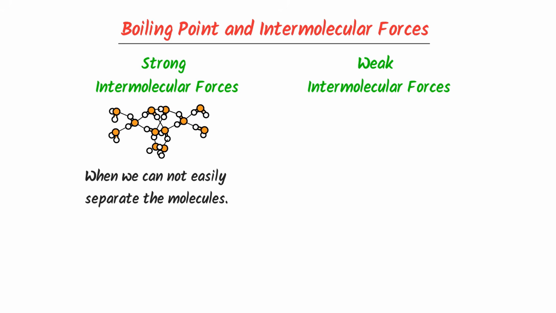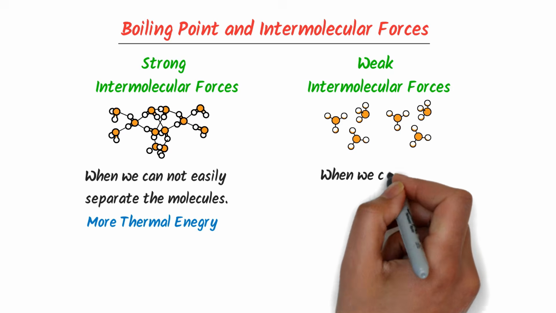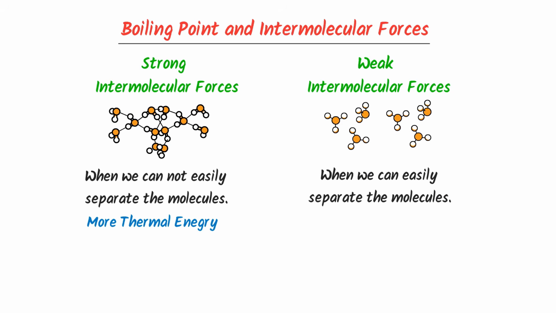In case of strong intermolecular force, we need more thermal energy to separate the molecules. On the other hand, when we can easily separate the molecules of a compound, we say that it has a weak intermolecular force. In case of weak intermolecular force, we need less thermal energy to separate the molecules.